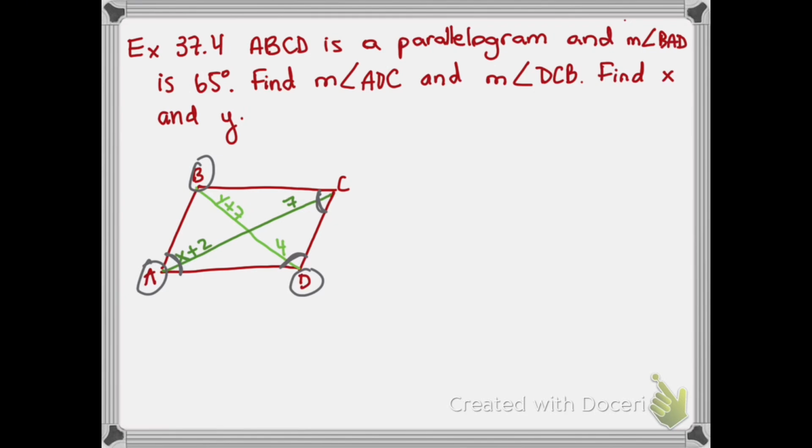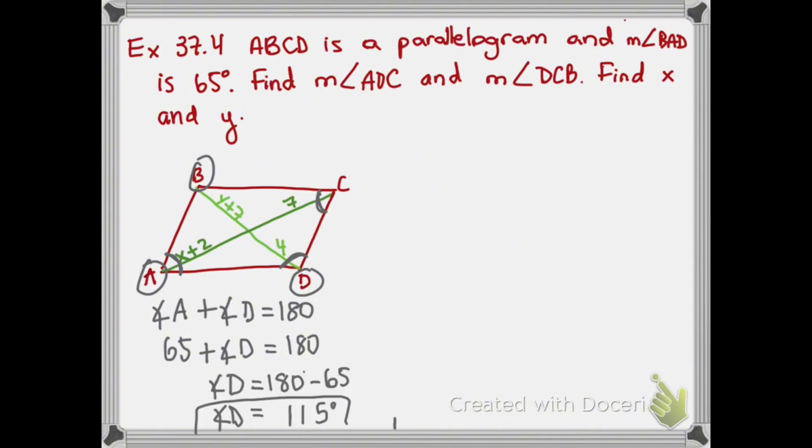So what do we know about the angles? Well, we just learned that two adjacent angles are supplementary. So the angle A and the angle D are supplementary. They equal 180. They tell us that the angle A, or BAD, is 65. So I can find D by subtracting.